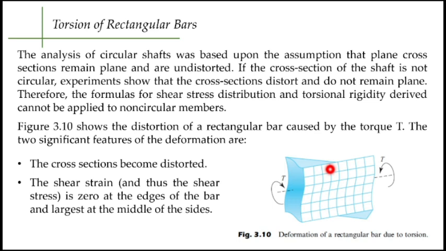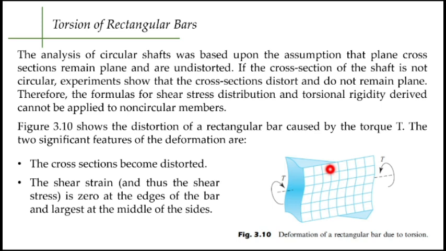If the cross-section of the shaft is not circular, experimental data show that the cross-section distorts and does not remain plane. Therefore, the formulas for shear stress distribution and torsional rigidity derived cannot be applied to non-circular members. So if you can notice, really, you cannot use TL over JG.